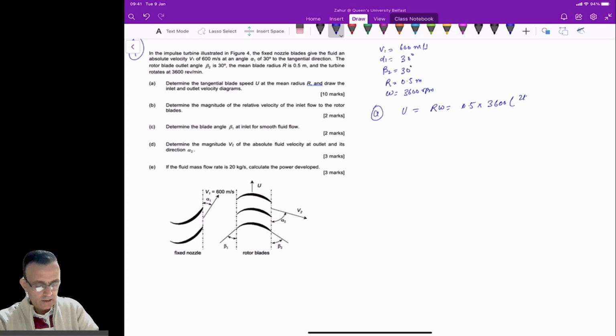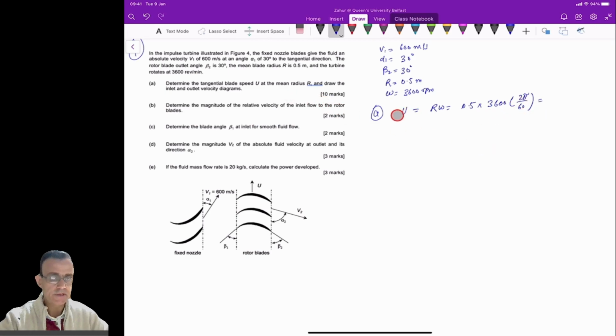And you need to convert this into radians per second, so you need to multiply by 2 pi by 60. If you just do this calculation here, what you will get is 188.5 meters per second.